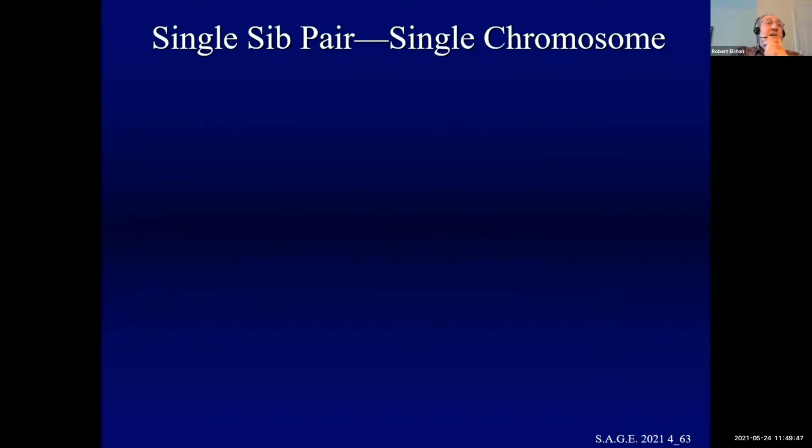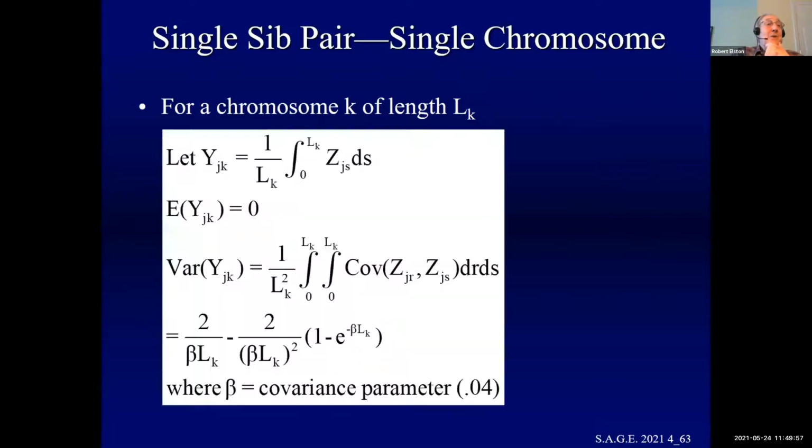So consider a sib pair and a single chromosome. For a chromosome K of length L_K, what we do is we take these Z_JS and we integrate them from 0 to the whole length of the chromosome and divide it by L_K. Then the expected value of Y_K is 0.